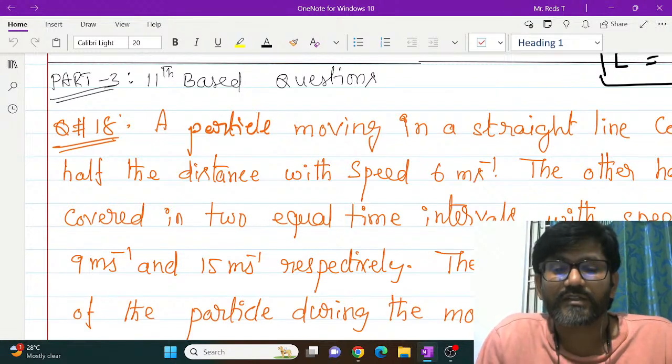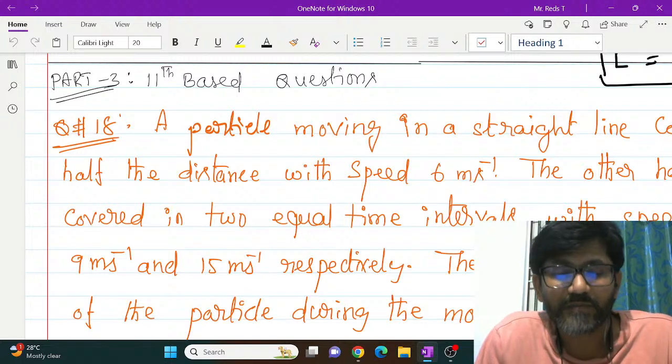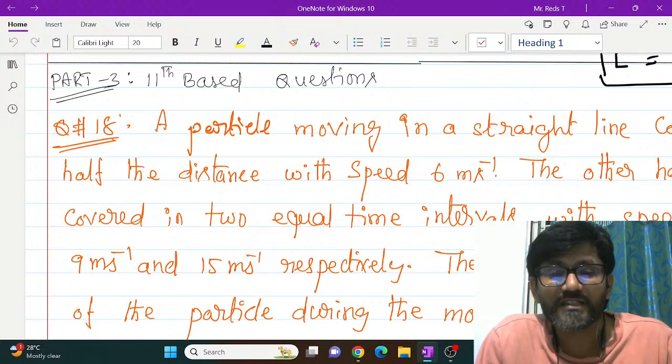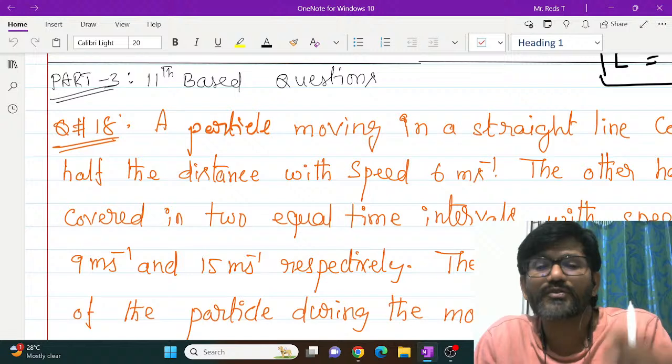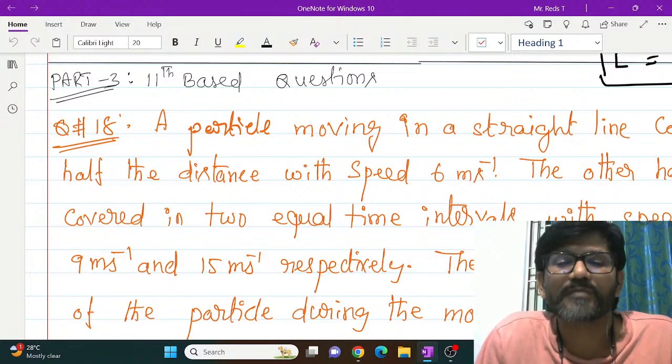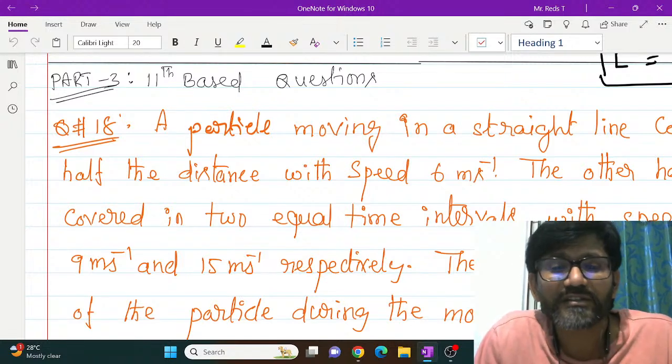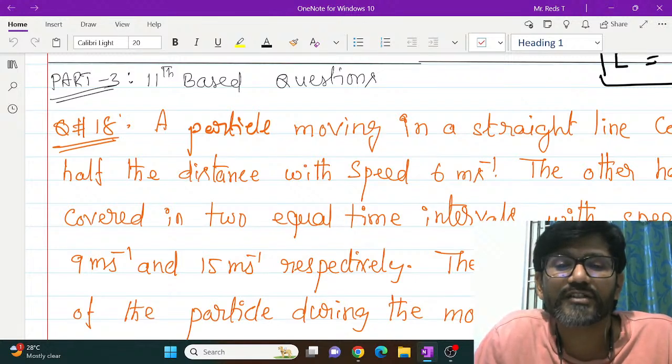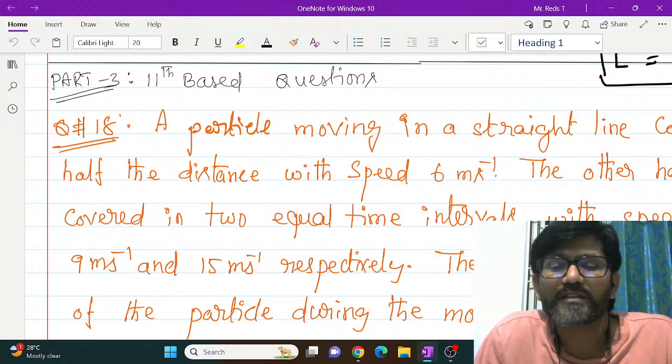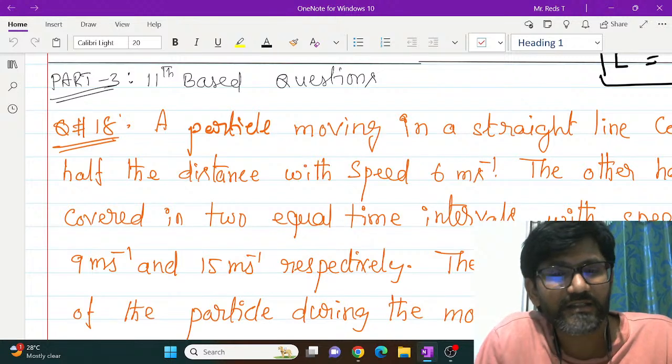While doing these calculations, sometimes you may get 2-step or 3-step processes. Direct substitution based questions also you may get. For example, if the mass of a particle is 10 kg and it is moving with 1 meter per second square acceleration, what is the force acting on the particle? F is equal to m into a, you can answer directly.